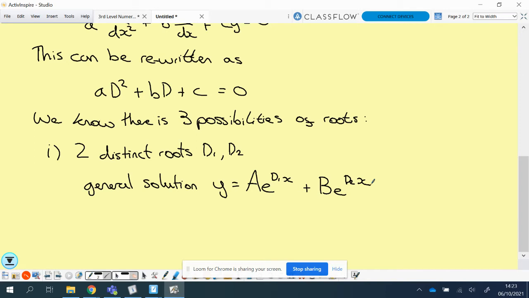A and B are different constants to what the lowercase a and b were. They'd be brand new constants that if we had some data for, we'd be able to work out.